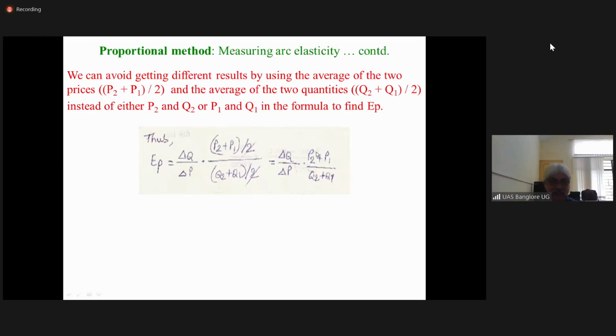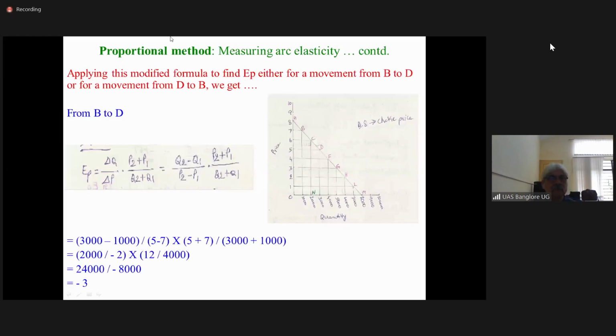If you take the average, that problem will be solved, and whether you move from B to D or D to B, the coefficient value will be the same. Now, you are taking the average.